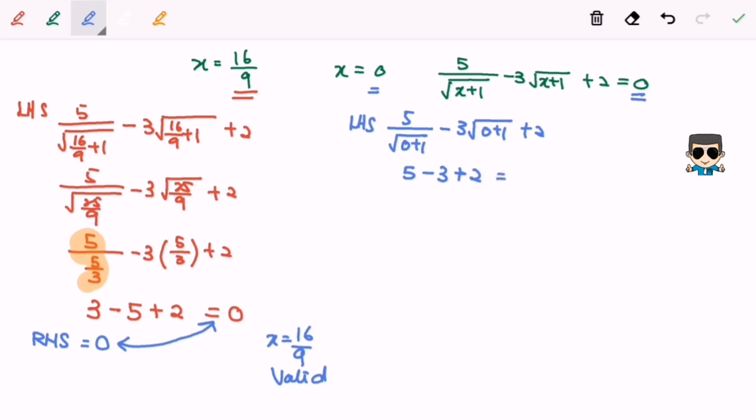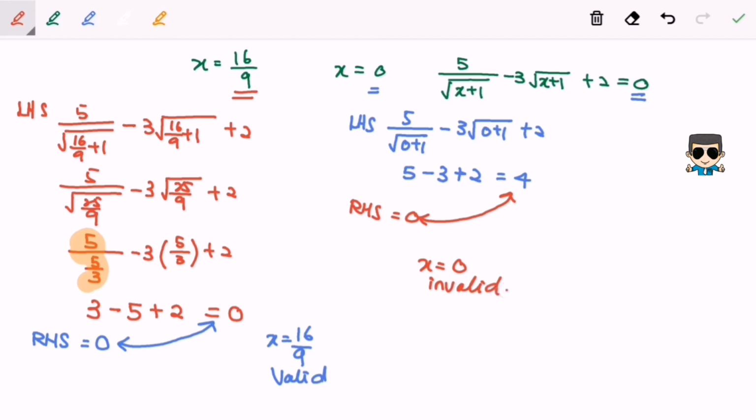So the value would be 4 for the left hand side. As we all know, for the right hand side, the value is equal to 0. So the value for the left and the right is not equal, meaning that x equals 0 does not satisfy the equation. So x equals 0 is invalid.